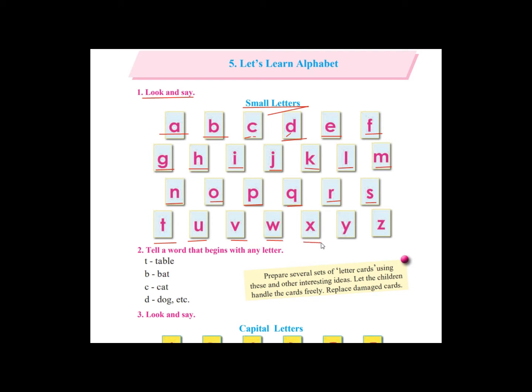X. X for Xmas tree. Y. Y for yak. And this last one is Z. Z for zebra. Okay, so this way we have seen small letters.